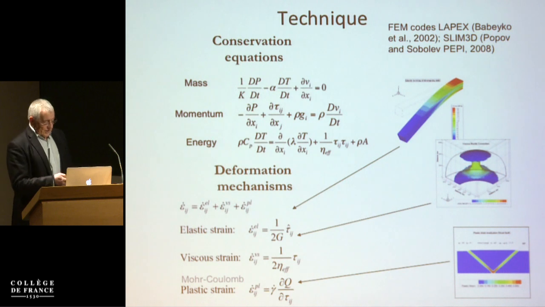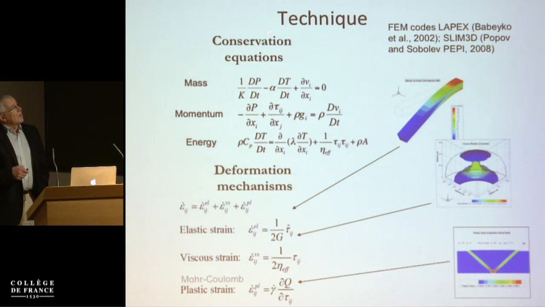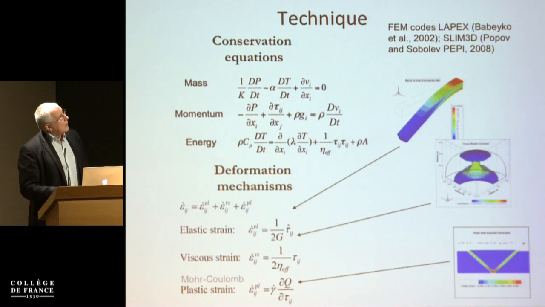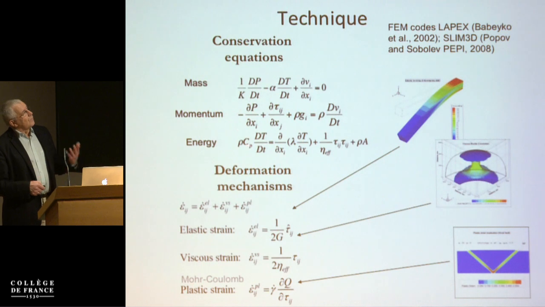Okay, so now this is the technique we are using for our modeling. We are solving a full system of conservation equations for mass, momentum and energy in full form.